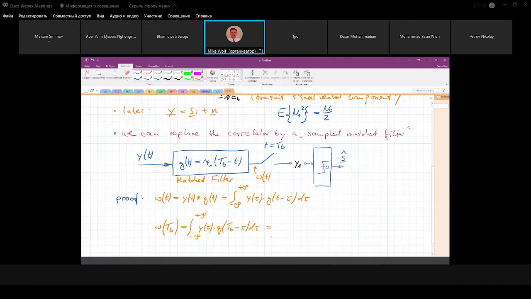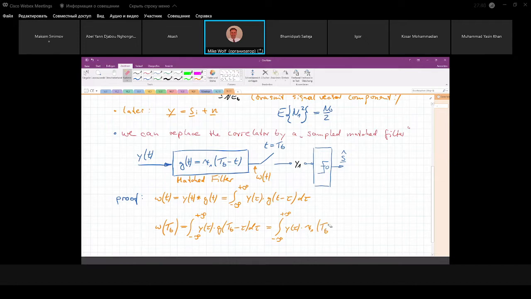Now we replace this G of TB minus tau by this expression, so we write this as a function of this basis function. This is the same as the integral of Y of tau times psi1, where now t is replaced by TB.